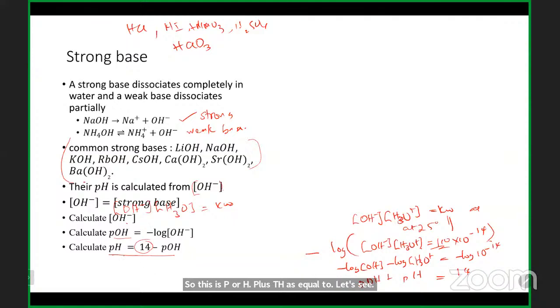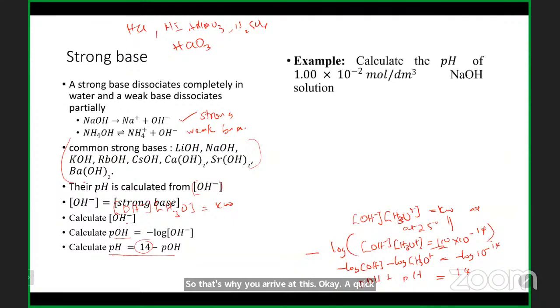Okay, a quick one. Calculate the pH of 1.2 molar NaOH. NaOH is one of the strong bases, meaning that it dissociates completely. It goes straight to OH minus plus Na plus.